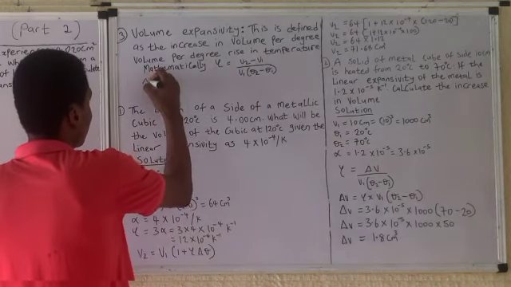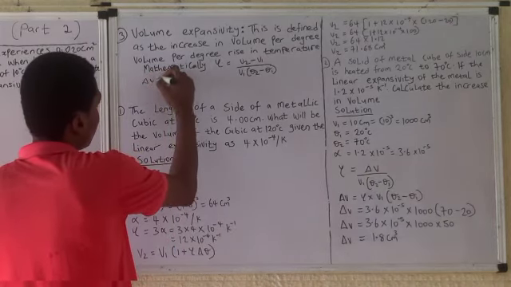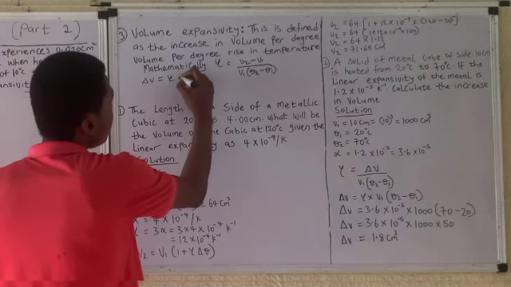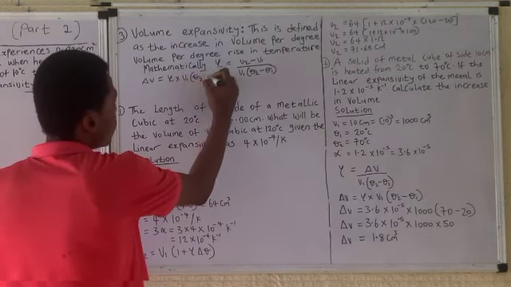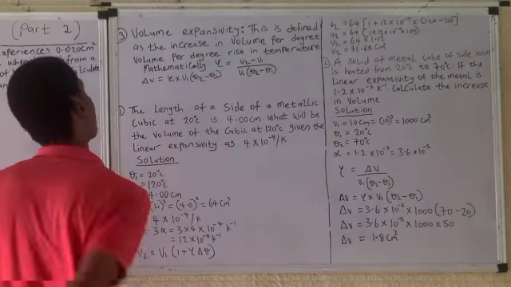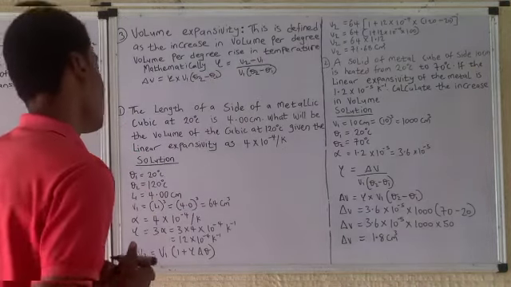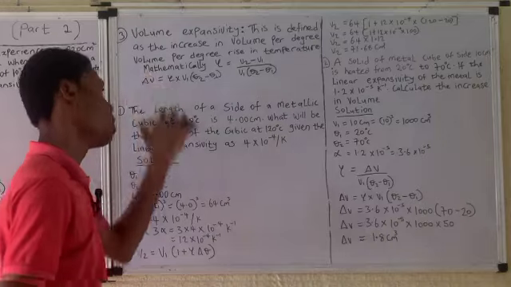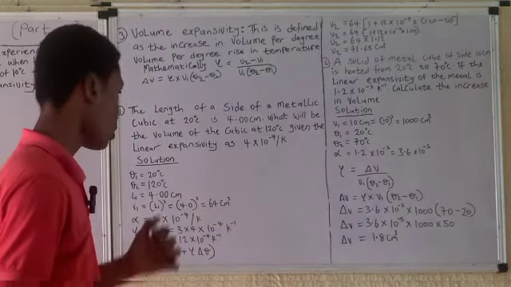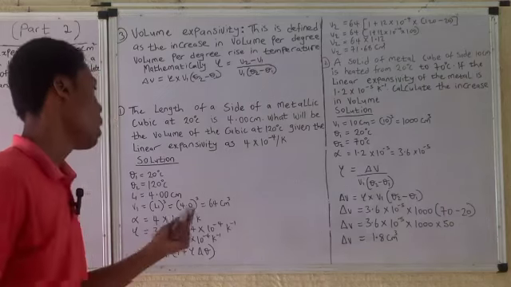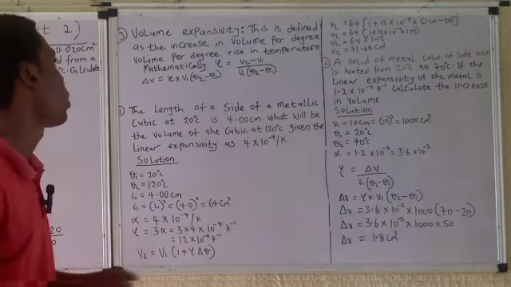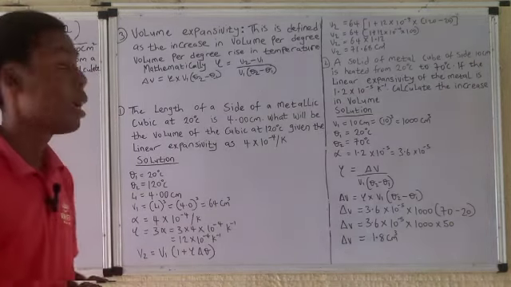So our change in volume will be equal to gamma times V1 in bracket theta 2 minus theta 1. So this is the formula for finding change in volume. If you are given any question on change in volume, this formula will be used. Now let's move to some calculations under volume expansivity.